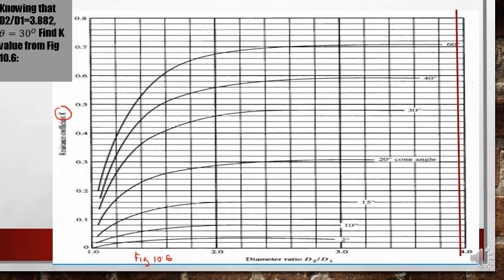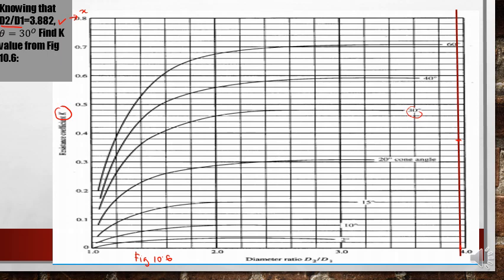You need to do a little bit of calculation to find the ratio D2 divided by D1, which in this case is 3.882. This will be our x-axis value, roughly located here. The theta is 30 degrees, which is somewhere here.